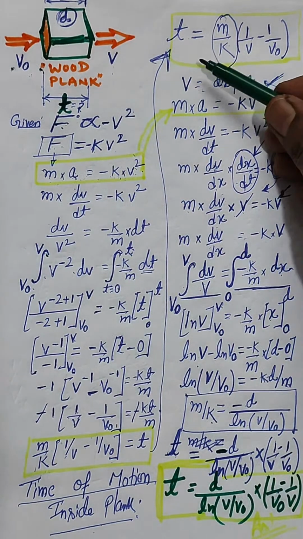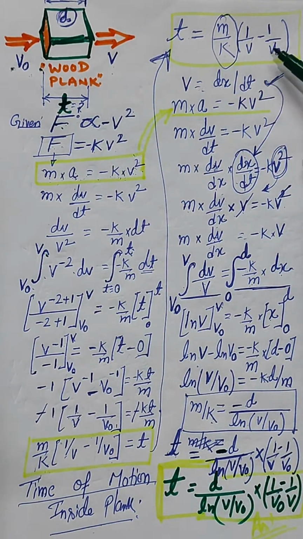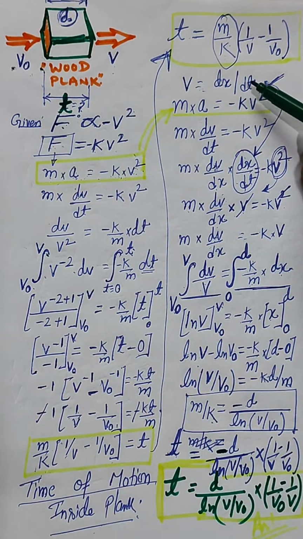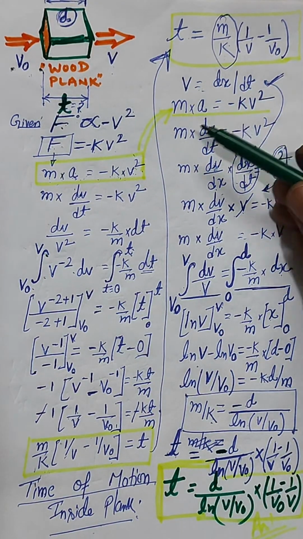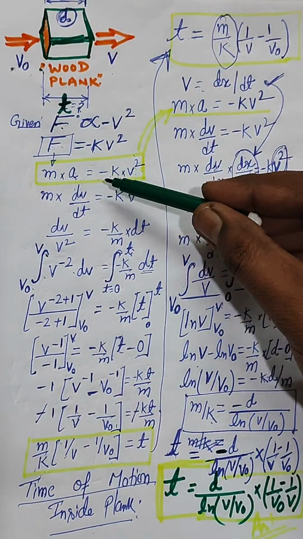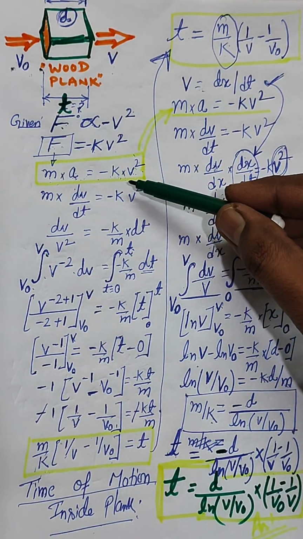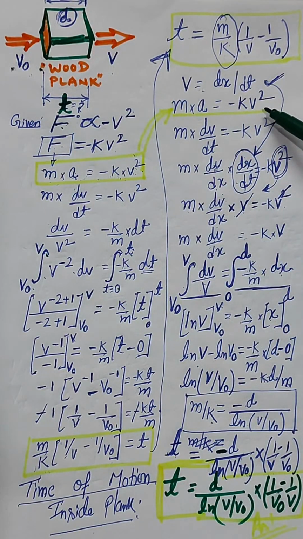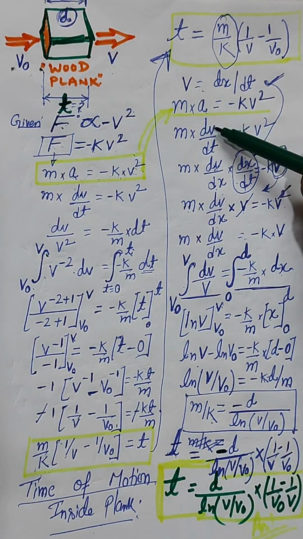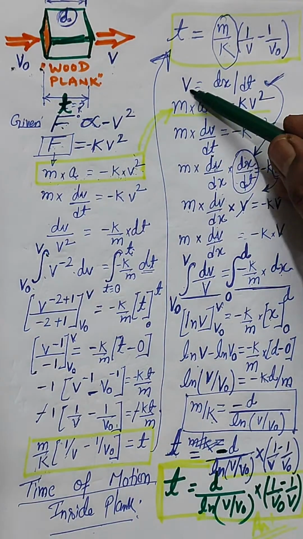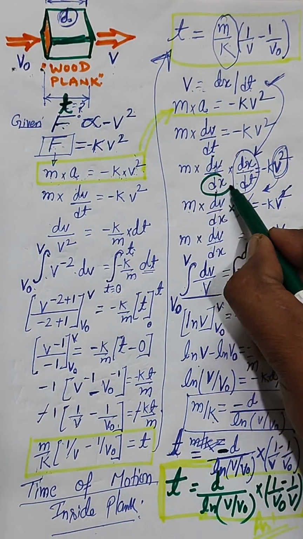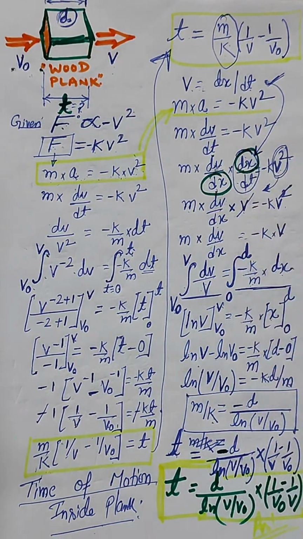Now t can be written as m by k into 1 by v minus 1 by v0, and v can be written as dx by dt. As we have the relation ma equal to minus k v squared, given as per the question, a can be written as dv by dt, and v as dx by dt. That's why we introduce dx here, in the numerator and denominator.